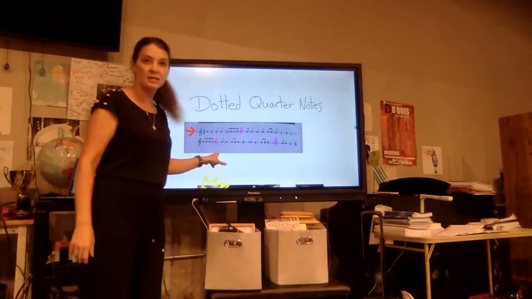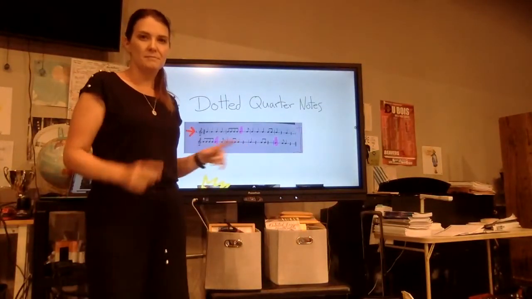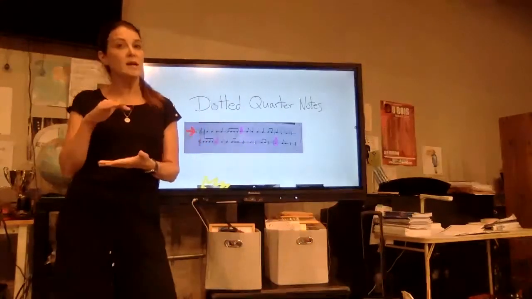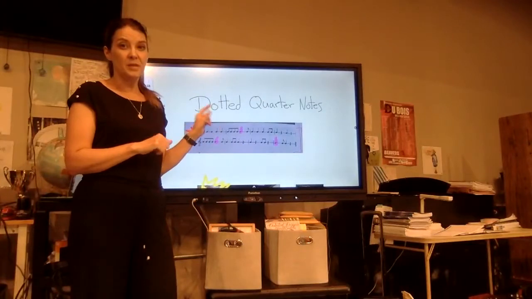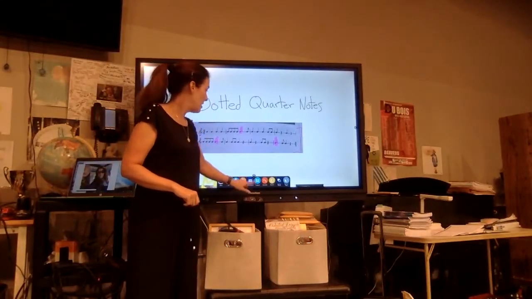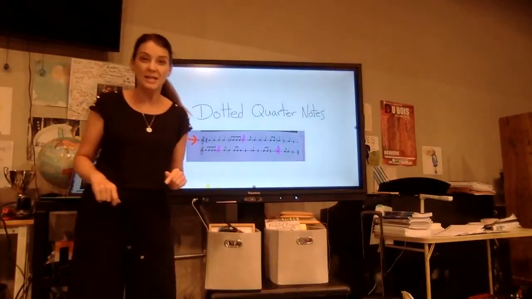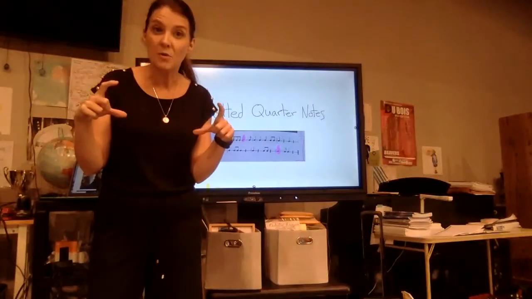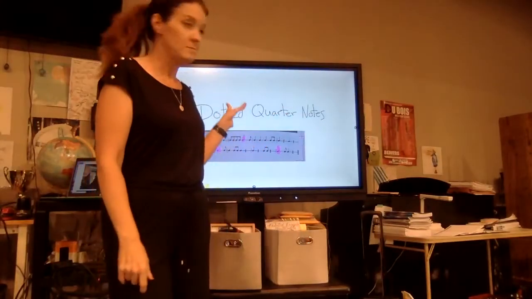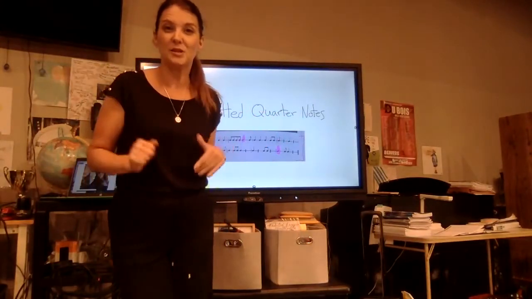So here is a page in our sight singing book, and I put the camera over it, and I zoomed in, and then I said, capture. I captured what I wanted, cropped it to how I wanted it, and then I sent it directly to the whiteboard, and then you can use it in your notes.